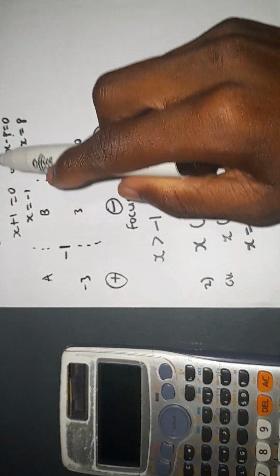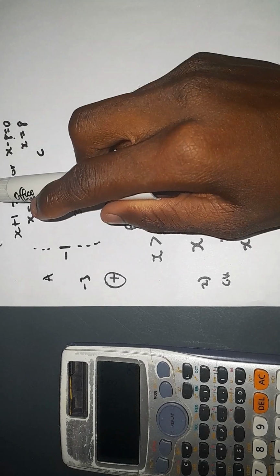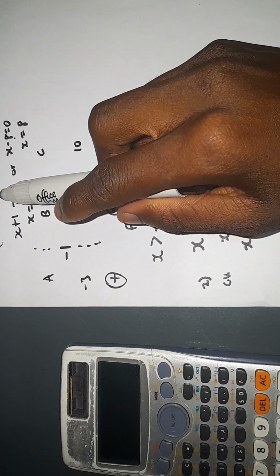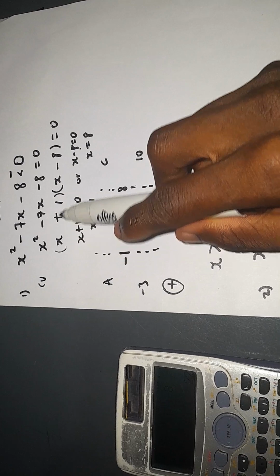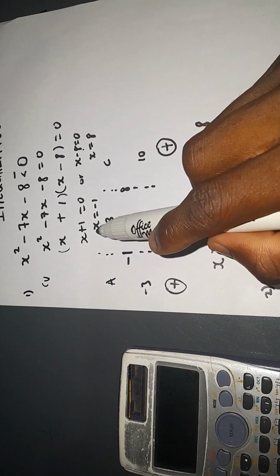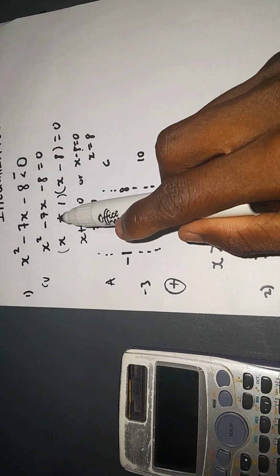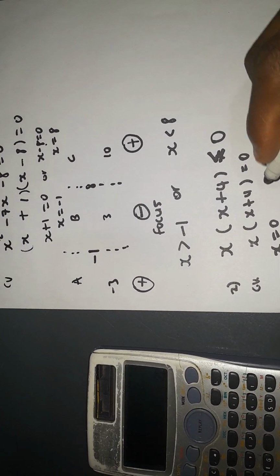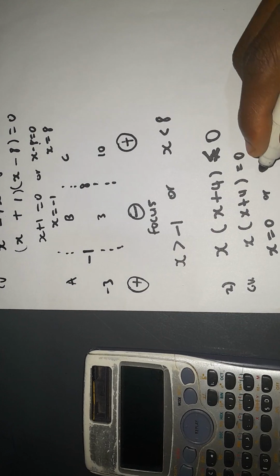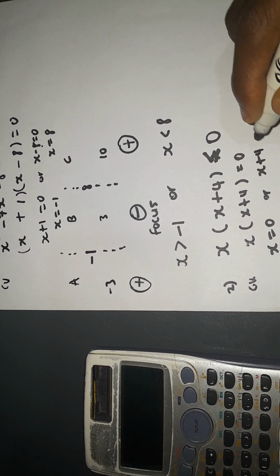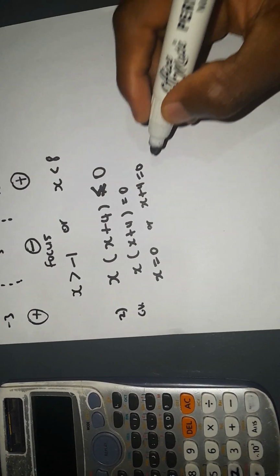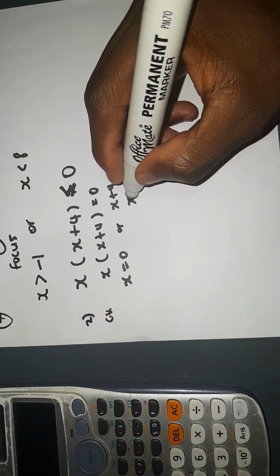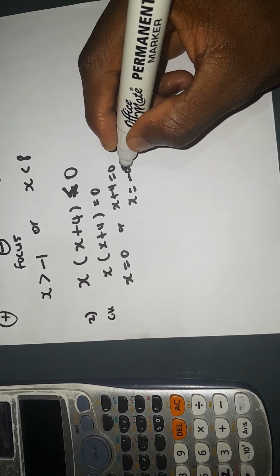It's like you are given something like this and you want to go back there, and you will go back there again. You see, you are given something like this, we just go straight to this. We don't go back to putting it in a quadratic form. So now x plus 4 equals 0, which will give us x equals minus 4.